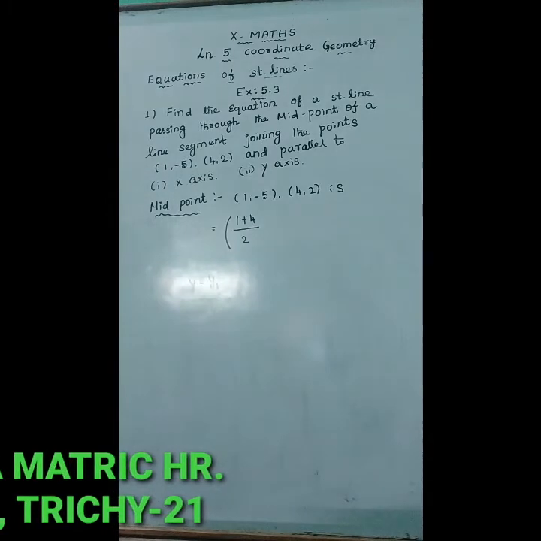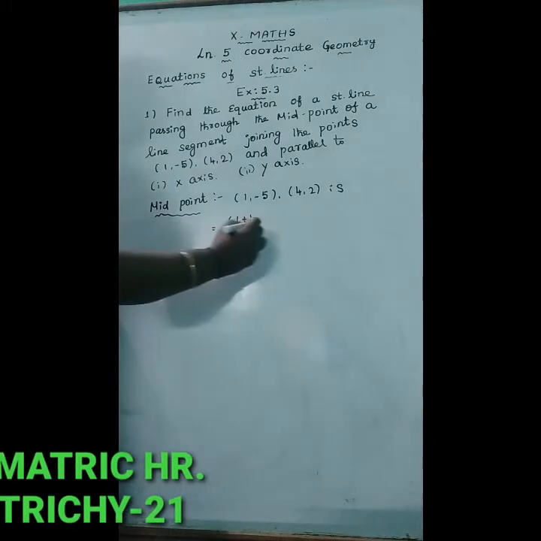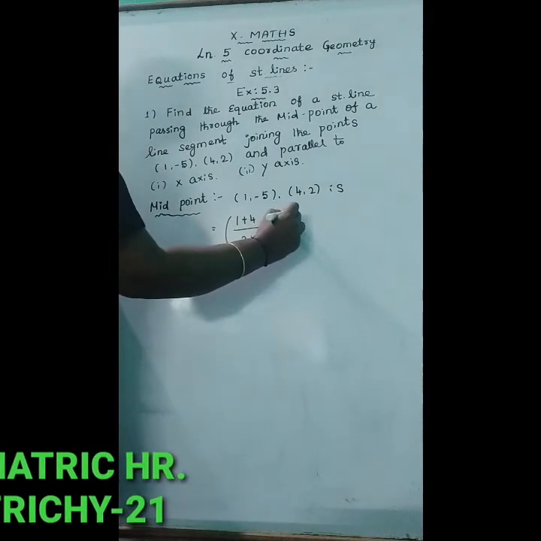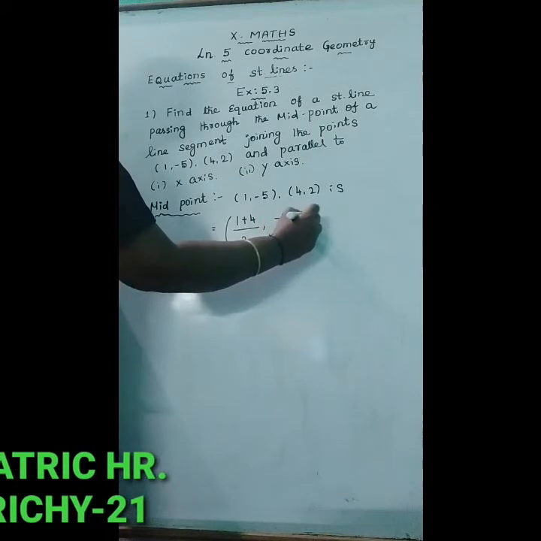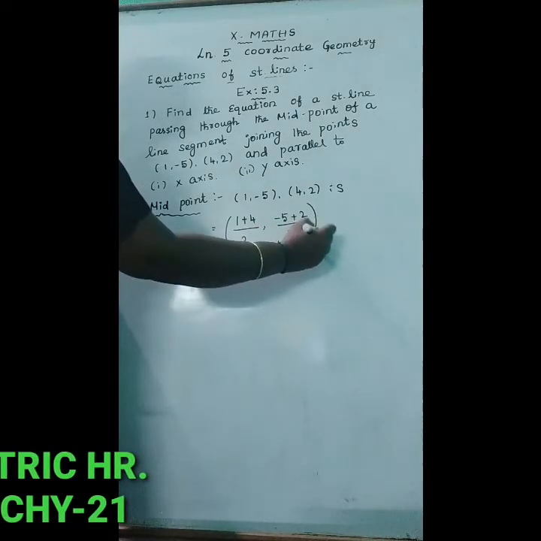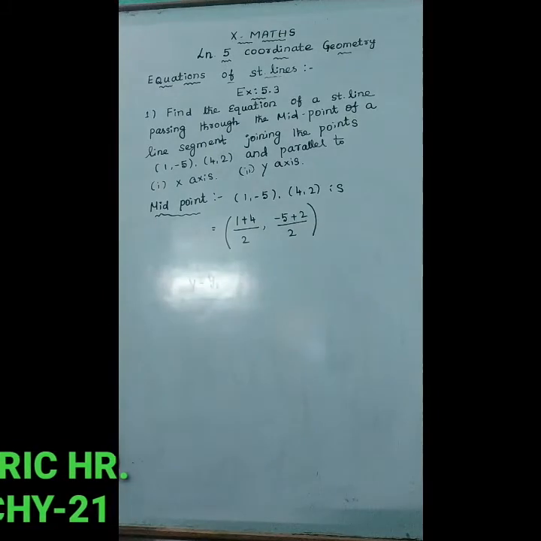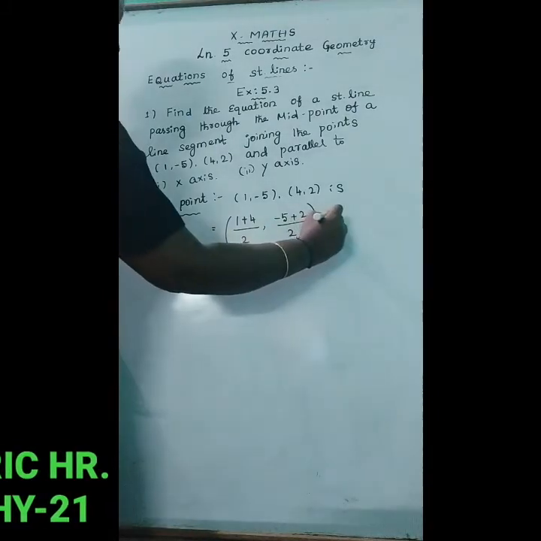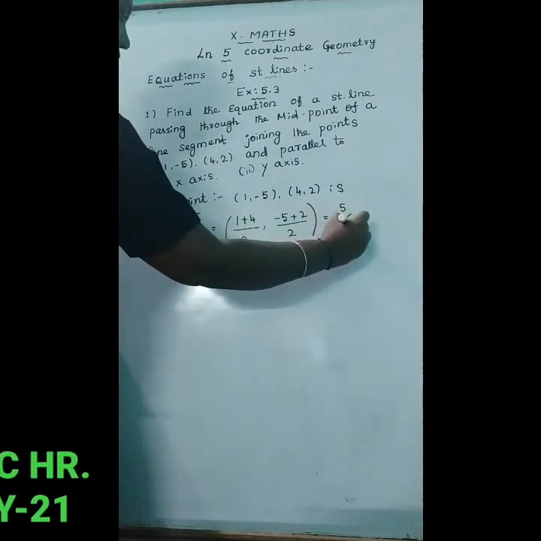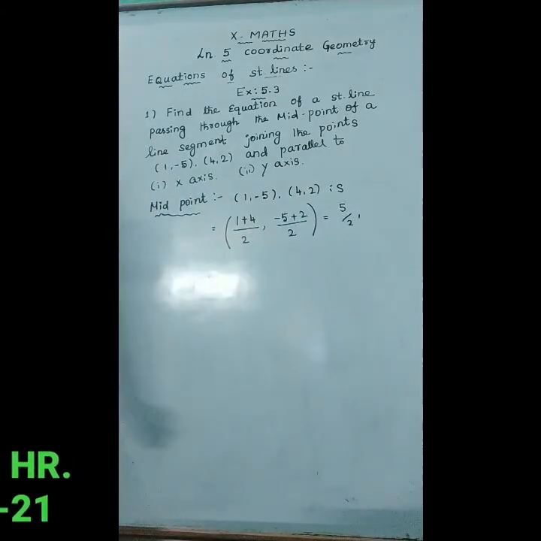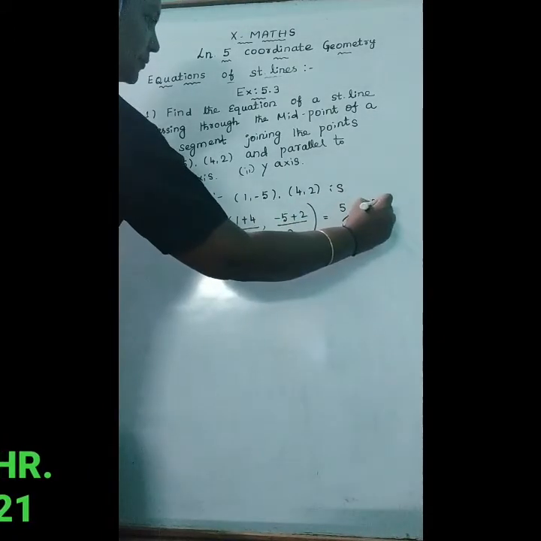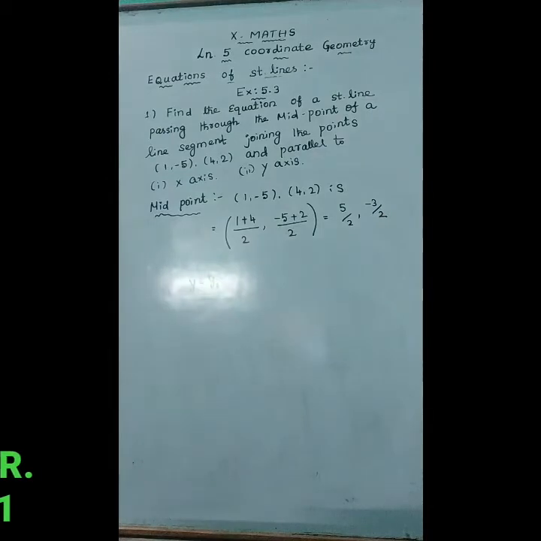Y1 is minus 5 and y2 is plus 2, so minus 5 plus 2 divided by 2. So 1 plus 4 is 5 by 2, and minus 5 plus 2 is minus 3 divided by 2. This is the midpoint of the line segment.